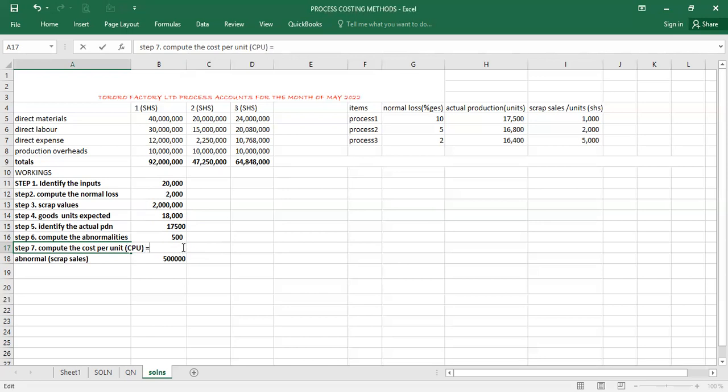It is equal to the total process cost minus the scrap sales of normal loss.